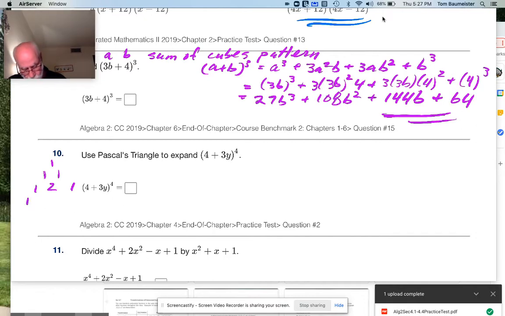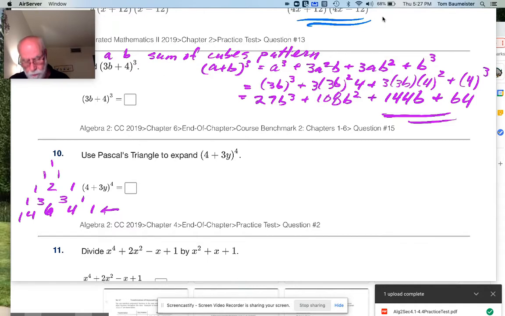And then I'll have 1, I'll have 3, I'll have 3, and I'll have 1, which is, if you look at the pattern above, what I ended up having. So on this one here, I'll have 1, 4, 6, 4, and 1. So this is your 4th row. So that's the one we're going to use.